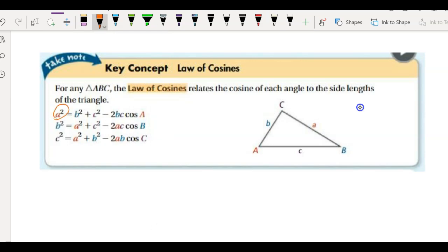When a is squared, you're going to be finding the cosine of A, and then you're going to use the other two sides of the triangle, in this case B and C. Now when it's B squared, you're taking the cosine of angle B, and you're squaring the other two sides. So we square A, and we square C, minus 2 times A times C. I know it looks complicated, but once you do a couple of these, you'll have it down.